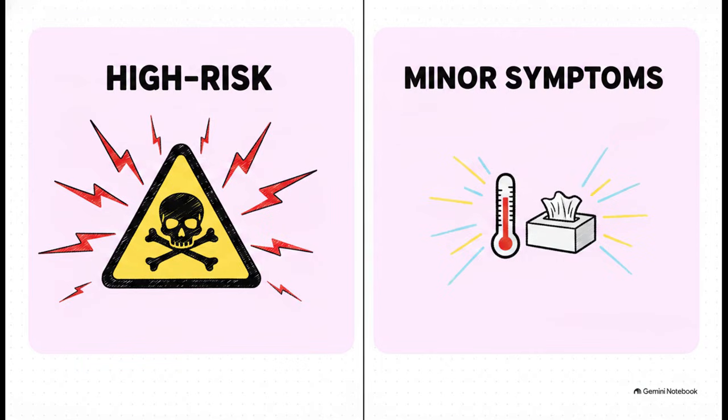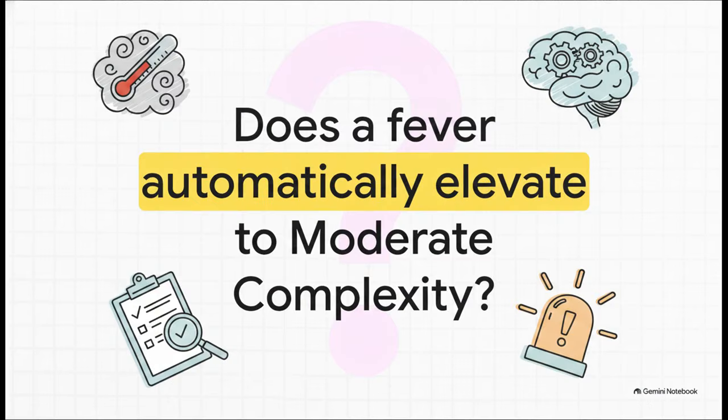Now contrast that with minor systemic symptoms. Here, we're talking about things like a low-grade fever, some body aches, or fatigue happening during a self-limited minor viral illness, like the common cold. The distinction is all about the inherent danger of the underlying illness itself, not just the mere presence of a widespread symptom.